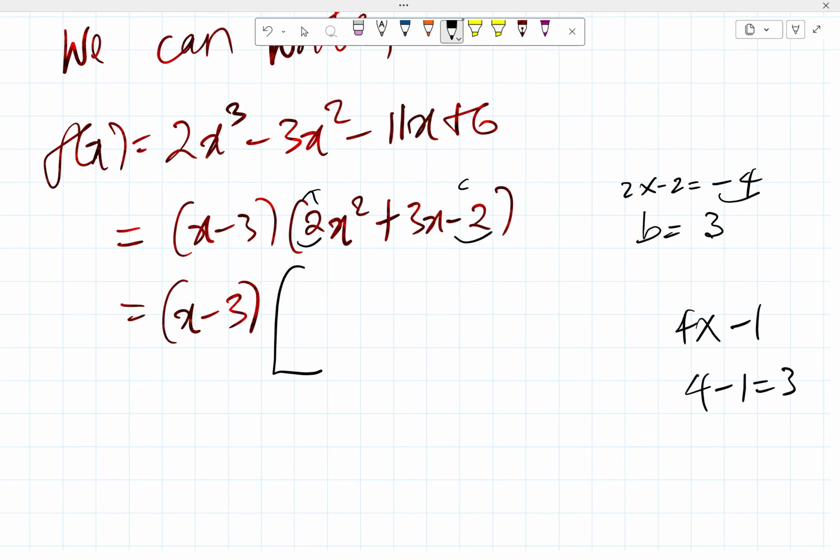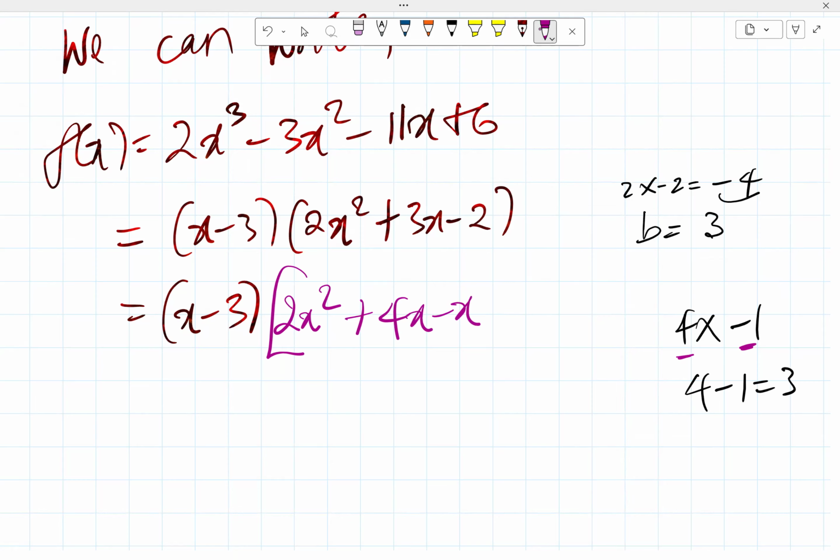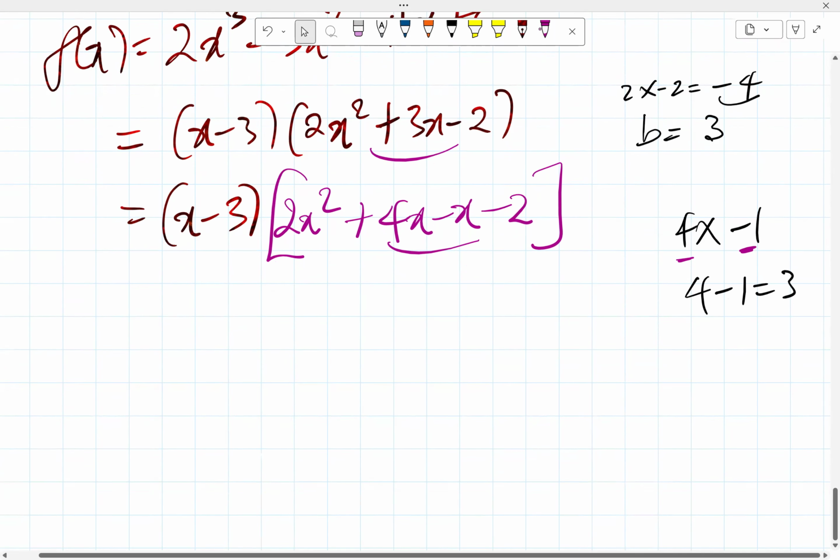So since all of that is in place, we can come here and say this is 2x squared, then 4 and minus 1 is what we have. So plus 4x minus x minus 2. Here, 4x minus x is the same thing as 3x. Then we can move on like this.